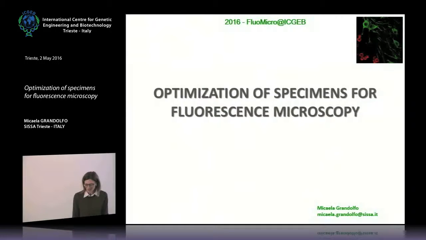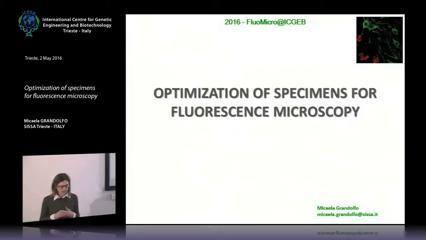I have to confess, I was really in trouble when Alessandro told me to speak about optimization of specimens, because as you for sure know, there is a lot of information and advice that I, or everybody working in this field, can give you about how to optimize a specimen for fluorescence microscopy.